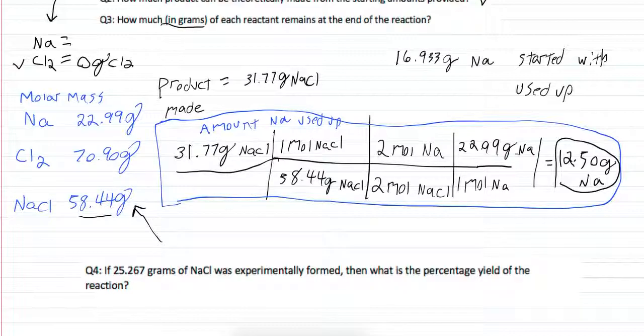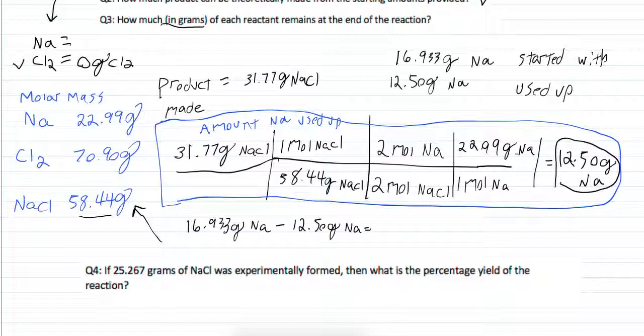So here, we know we used up 12.50 grams of Na. Now the last part, you just find the difference between the two. Let's do it down here. I started with 16.933 grams of Na. I used up 12.50 grams of Na. If we subtract these two things, we will get the amount that's left over.